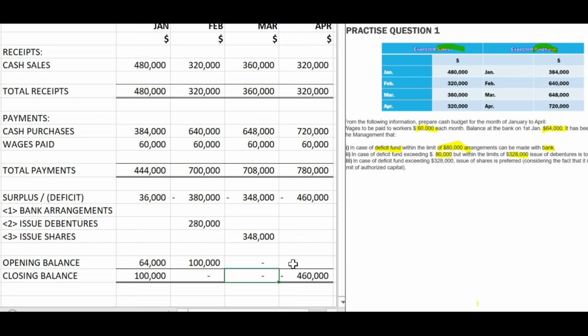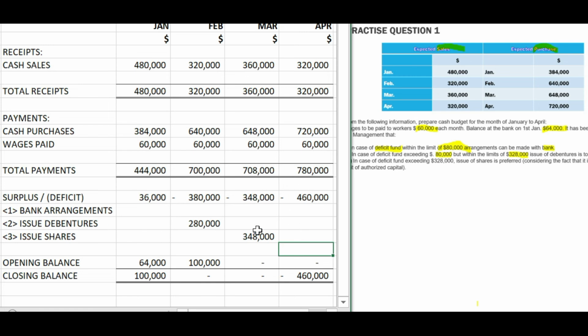Next month, which is April, the opening balance will also be 0 because the last month's closing balance is 0. Look at total receipts of 320,000 and total payments of 780,000.